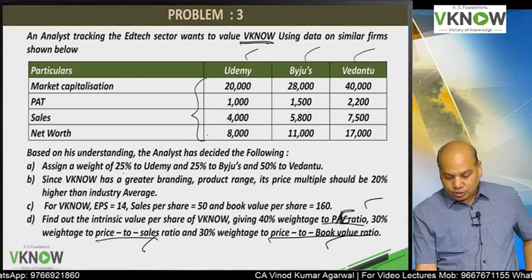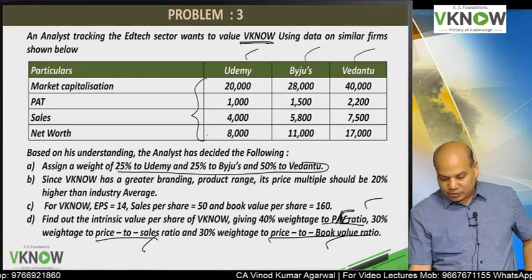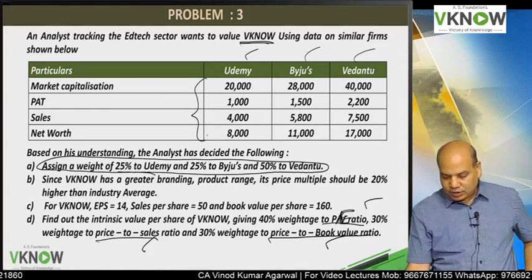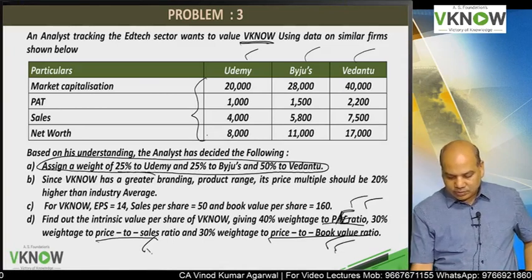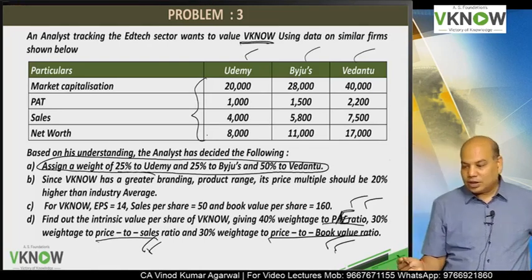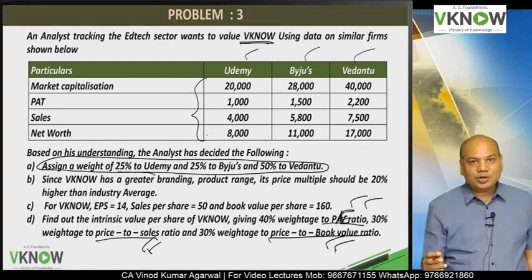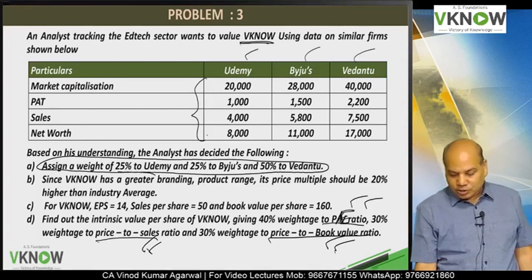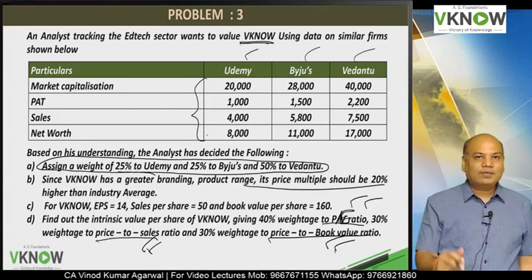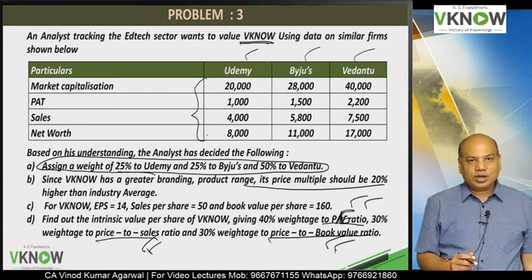Then we'll compute the weighted average for each of the multiples. Then we'll compute the multiple applicable to Vino, which will be 20% more than the average computed above.